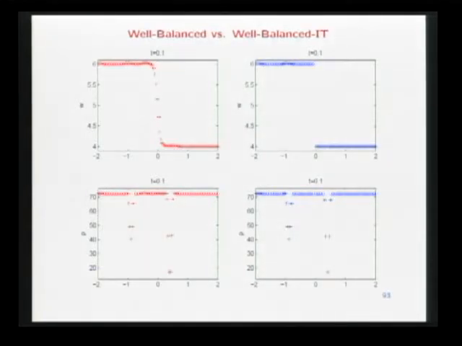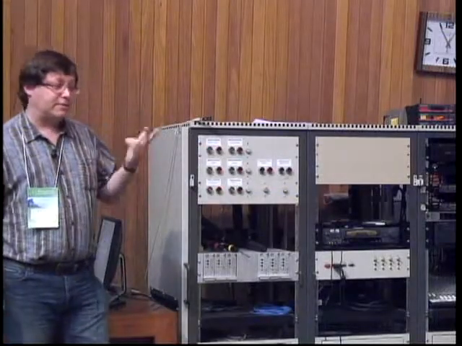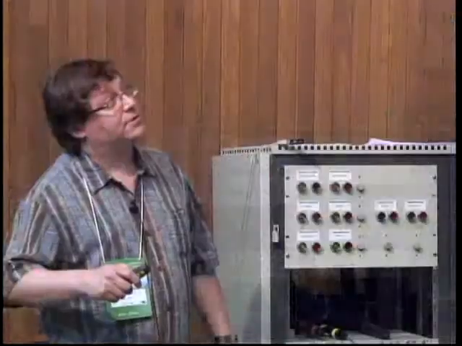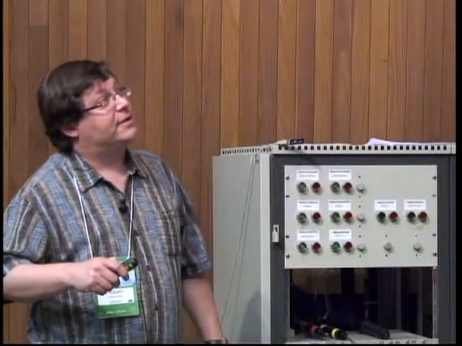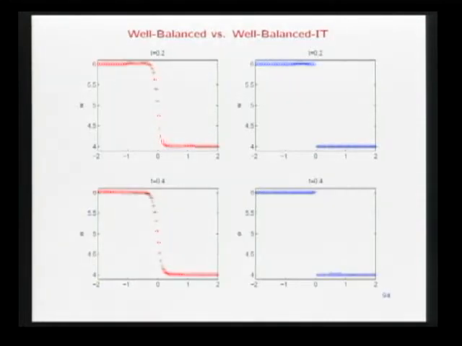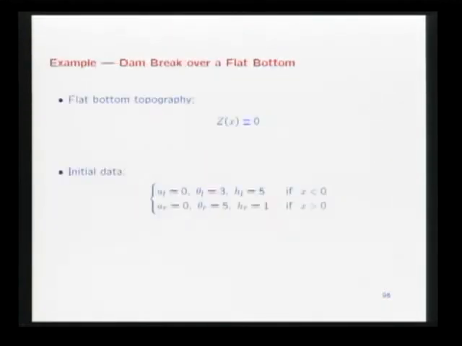That's the same property as the method presented by Christophe Berton. But if you also introduce this interface tracking technique, then you see the resolution is much, much sharper. That's for W, and this is the pressure P. At later times you see that the interface tracking technique is really important.